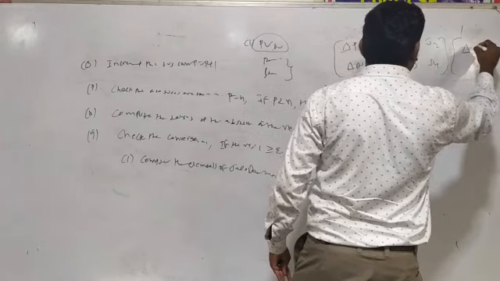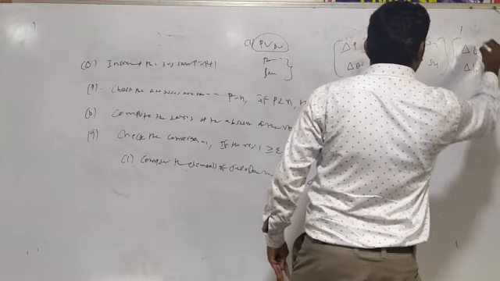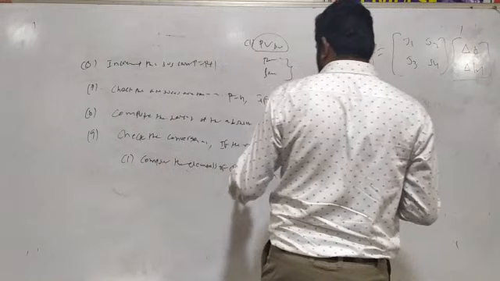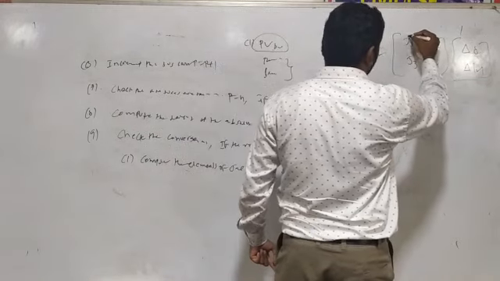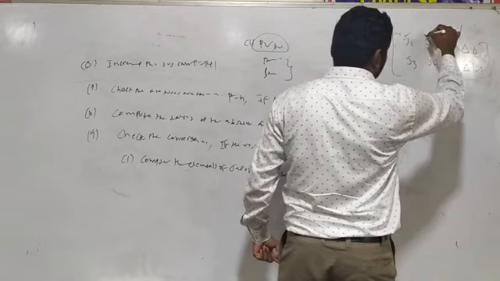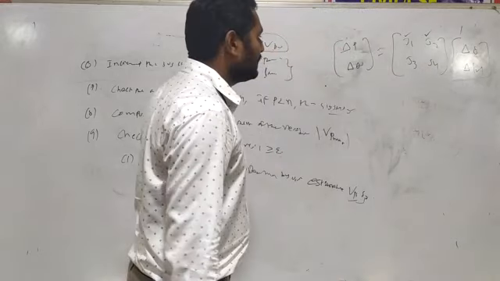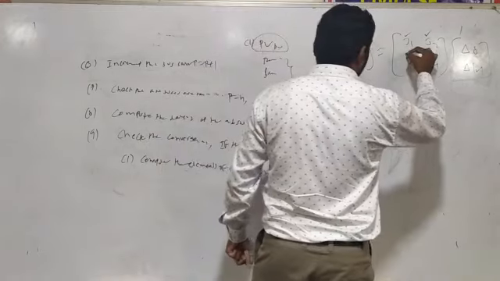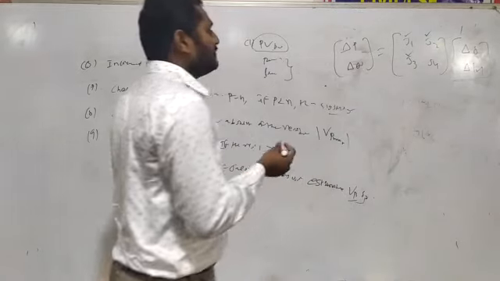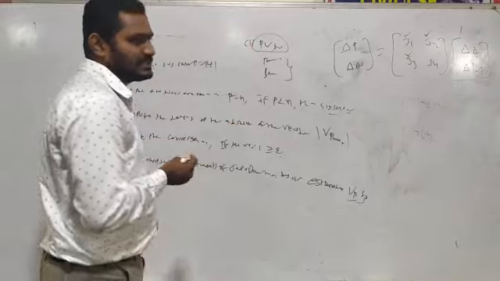By using this equation we have to find the diagonal and off-diagonal elements of J1, and at the same time the diagonal and off-diagonal elements of J2, J3, and similarly J4.